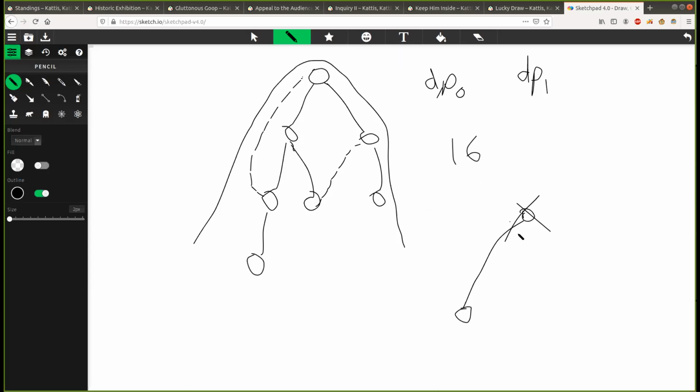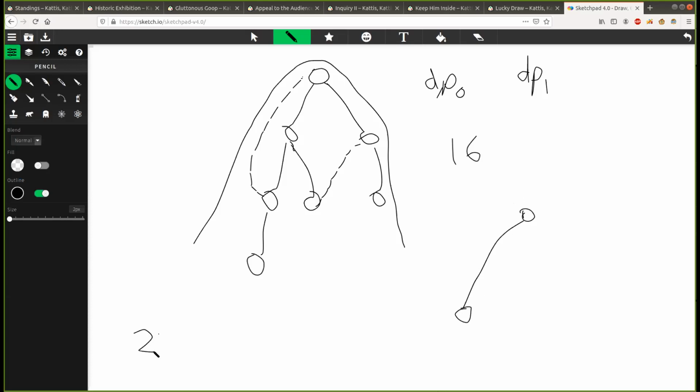So for each edge, there's two choices. It could be that neither of them are in the independent set, but that just means that we would catch them in both cases. If we exclude this one, or if we exclude this one, both of those cases would catch that possibility. So we have two choices for each edge of which one is excluded from our independent set.